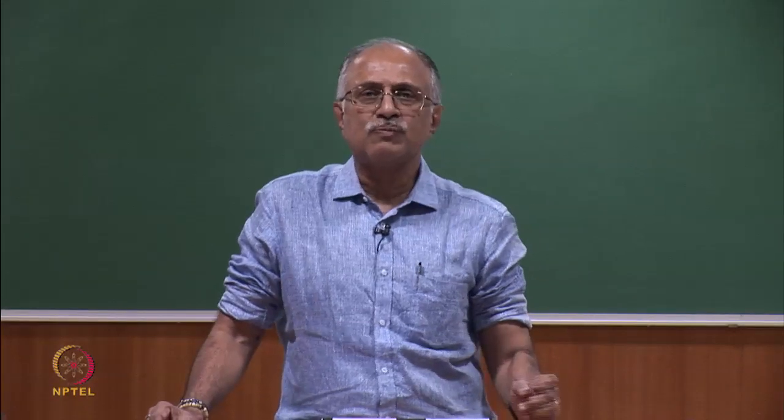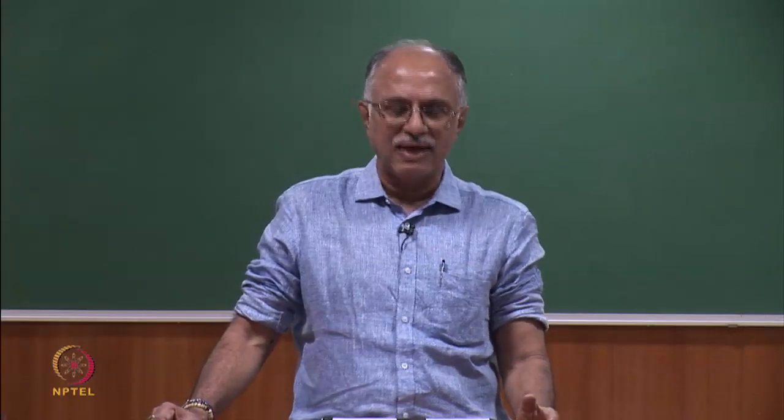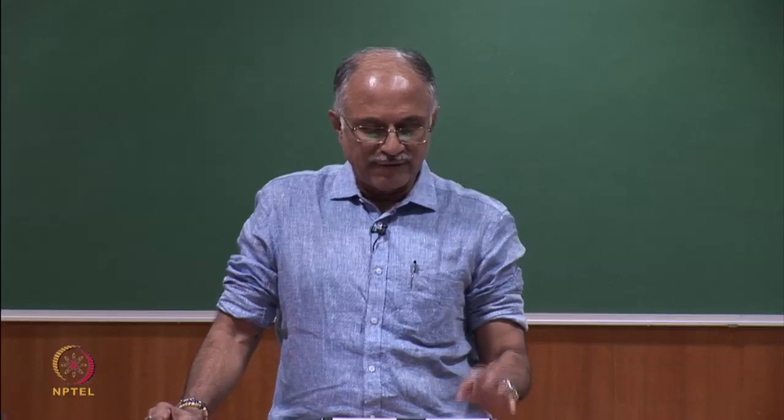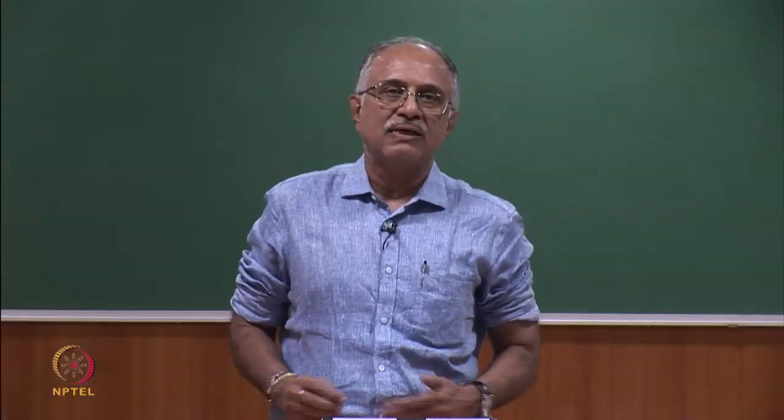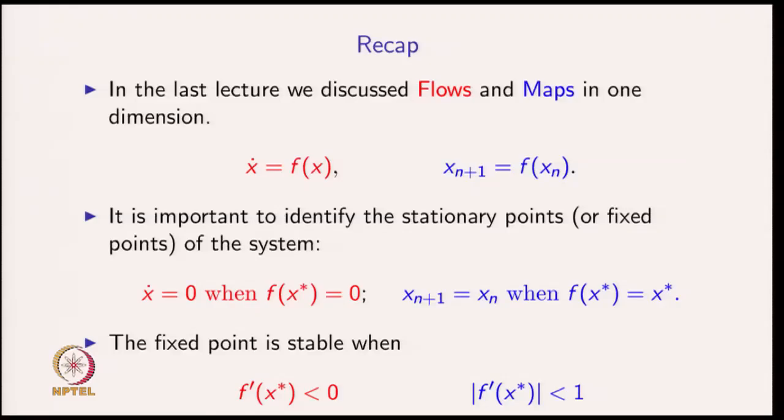Stationary points are those points where essentially nothing happens. So, if x dot is equal to 0, the velocity is 0, then the system will not move. And this happens when the right hand side of the equation, f of x, is equal to 0, and f of x, being some function, takes a value 0 at one or more points, which we just denote by x star.